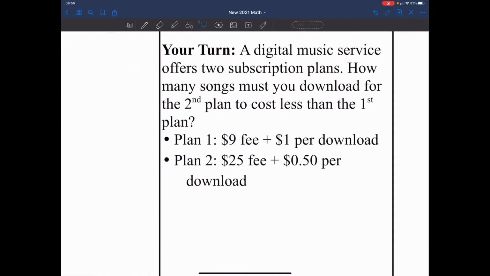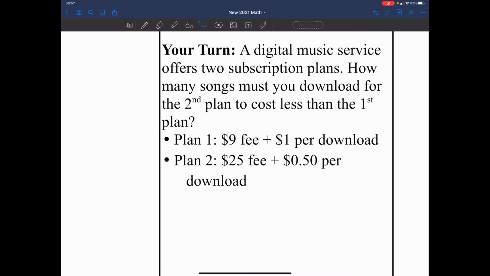Next problem. A digital music service offers 2 subscription plans, and how many songs must you download for the second plan to cost less than the first plan? So we have to set up the second plan to be less than the first plan. The first plan is a $9 fee plus $1 per download, and the second plan is a $25 fee plus 50 cents per download.